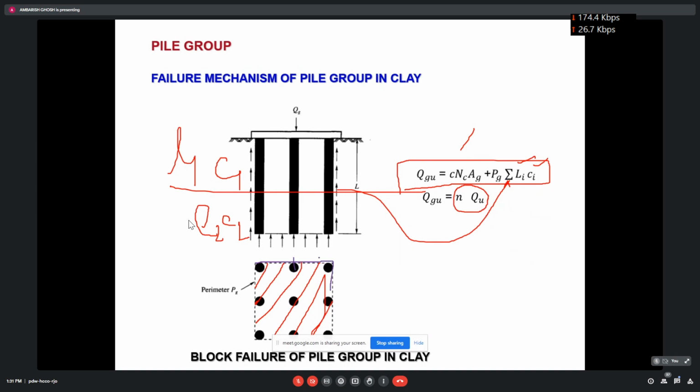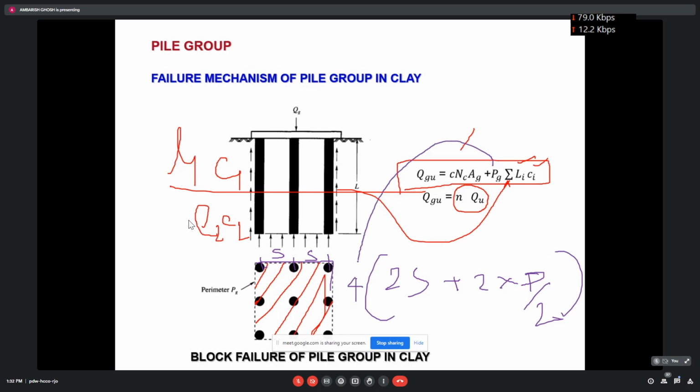Because if you know the spacing, then plus this d by 2, and here again on this side d by 2, we will be taking S. So it is twice S plus 2 into d by 2, and this multiplied by 4 will give you the perimeter, and multiplying with the corresponding Li and Ci will give you the resistance.